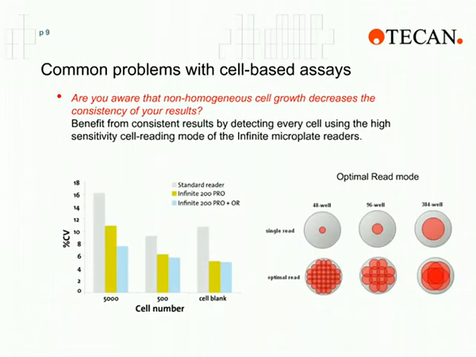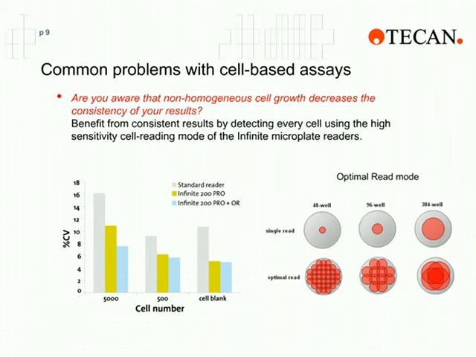When you go on with the assay workflow and do a readout, one issue is really the non-homogeneous cell growth, and that decreases the consistency of your results. So what we have done is we have developed this so-called optimal read mode in the Infinite Reader that allows you to really read from every cell in a microplate well. The optimal read is such that you basically split up all the flashes you have defined in the measurement run, for instance, for a fluorescence readout, in a certain pattern.